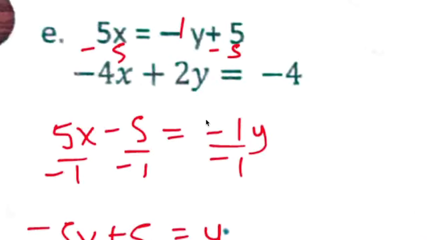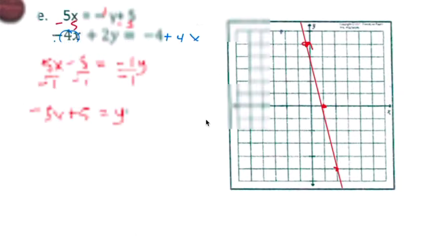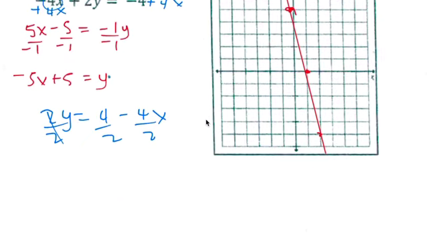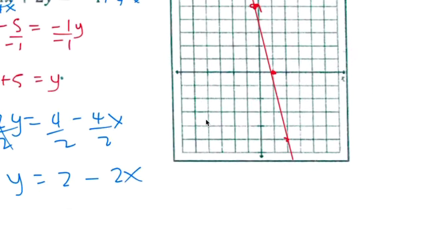And then graph doing this one, add 4x. Leaves you 2y equals 4 minus 4x. Okay, y equals 2 minus 2x, so you start out at a positive 2. Go down 2 over 1. Oh, there's the solution right there.